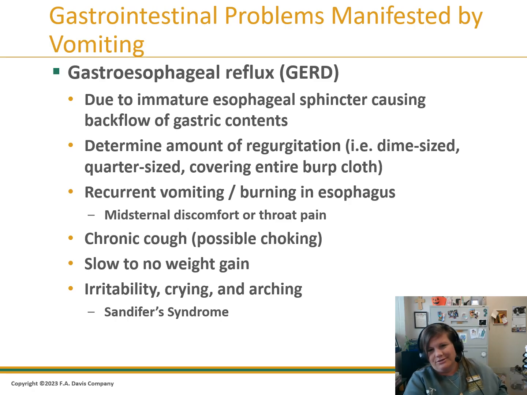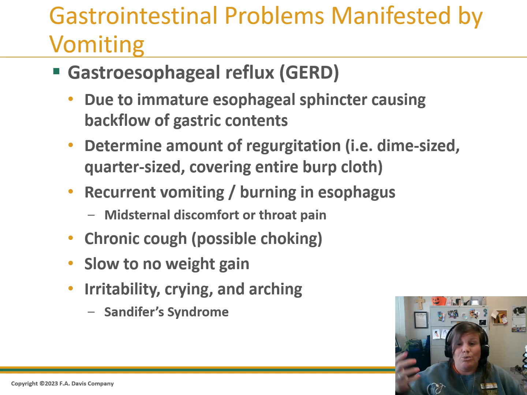Until it comes out in your elimination patterns. But when this sphincter is weak or immature, what can happen is instead of it settling, it can backflow. It can come back up. So it is basically the concept of indigestion. A lot of times, when we're older, we're going to refer to it as heartburn because it's a sensation we feel. It feels like it's our heart that's burning, but it's really happening in the esophagus.